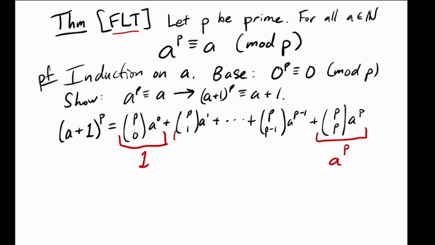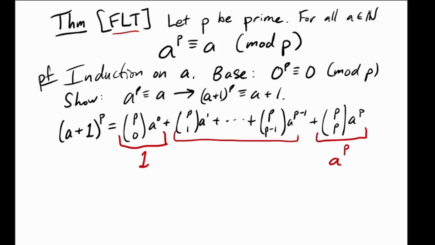And every term in the middle has a coefficient that looks like p choose k for some k between 0 and p. When you expand that out using the definition, the numerator will have a p factorial, and the denominator has to cancel out in order to get us an integer.